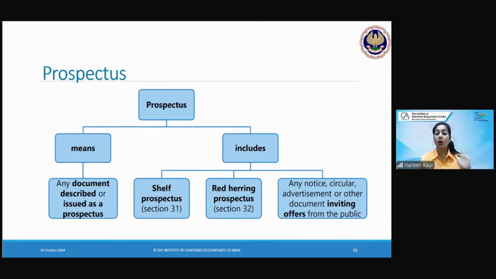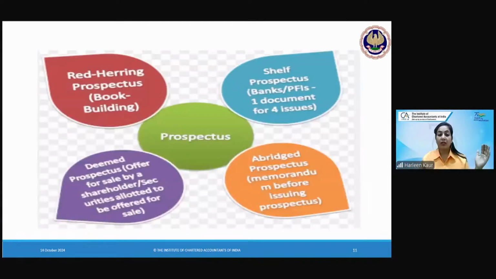It is a document on the basis of which investors are going to invest in your company. We are going to the public and asking for the money. That is prospectus. It includes shelf prospectus, red herring, and any notice, document, or advertisement which offers securities to the public. So sections 31, 32, 33, 34, 35, all these sections we're going to cover in today's lecture.